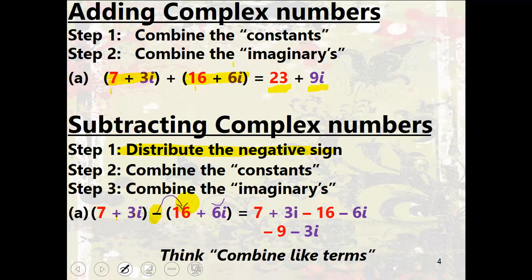So I get minus 16 and then minus 6i. Now I take my constants, or my real parts, and I add them together. 7 plus negative 16 is negative 9. Now I move to my imaginary parts. Positive 3i minus 6i is going to give me negative 3i. So think combine like terms.